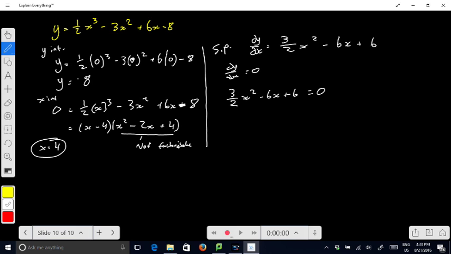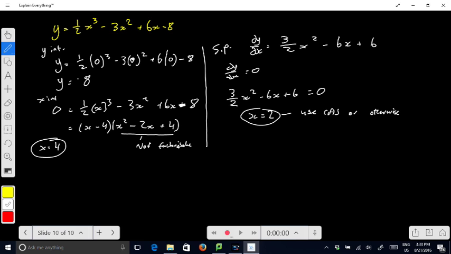And if we solve that, we get x is equal to 2. And you can find that by using CAS or otherwise.